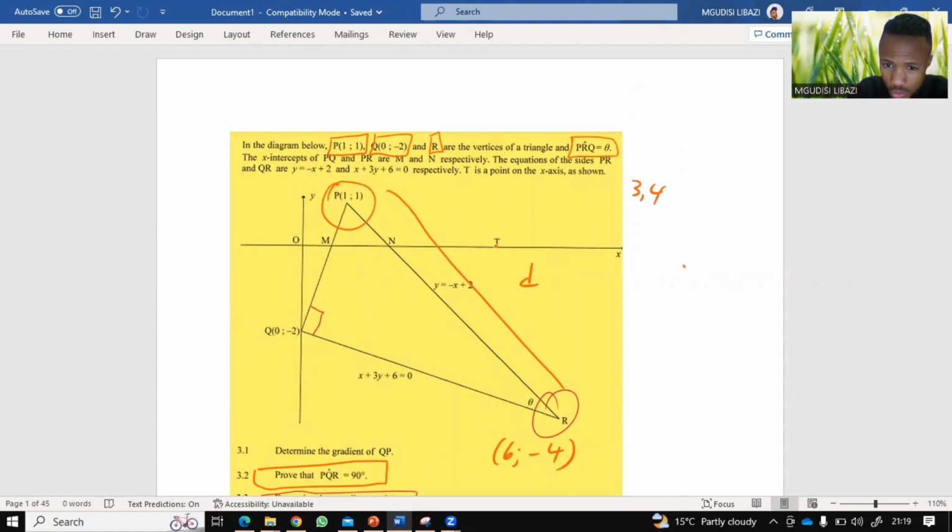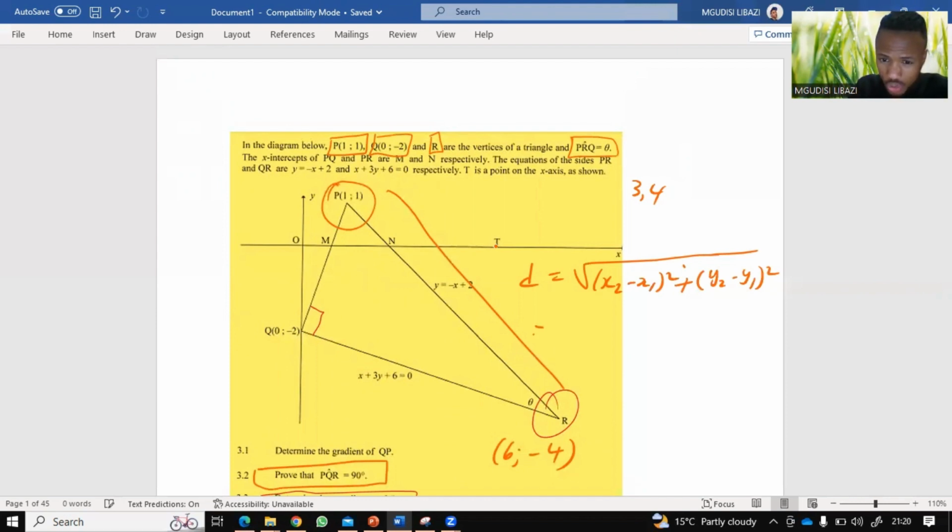The distance formula. We know that the distance formula is the square root of x2 minus x1 squared, plus y2 minus y1 squared. So that should be the distance formula.